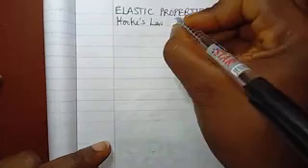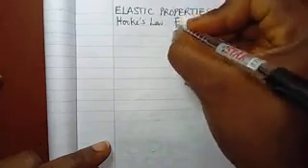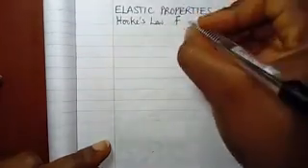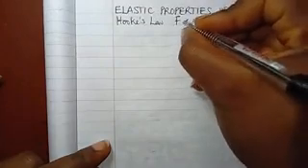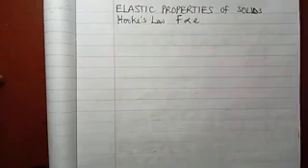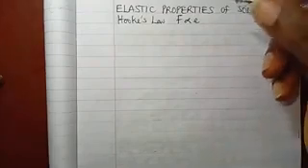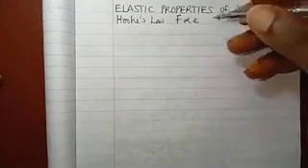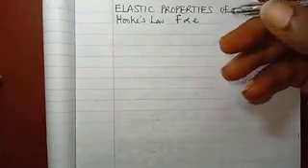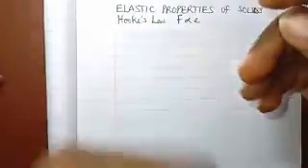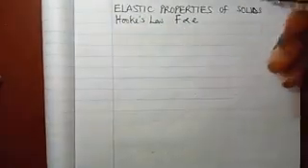So Hooke's law can be stated as: the force or load is directly proportional to the extension e of the elastic material, provided that the elastic limit of that material is not exceeded.